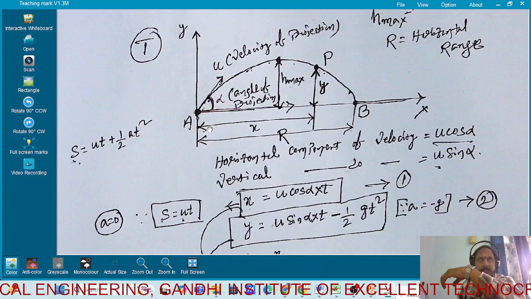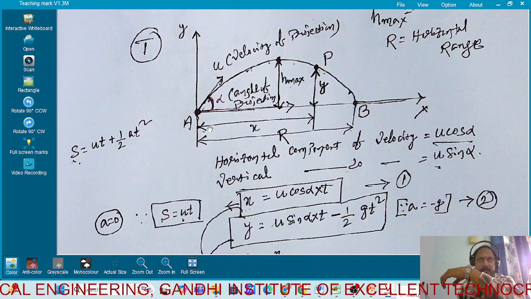At the maximum point, again you are forgetting. What is the initial velocity in vertical direction? In vertical direction it will be u sin alpha.